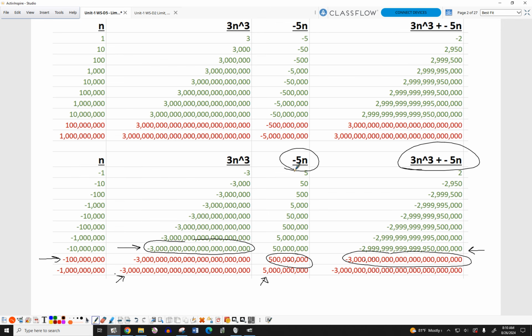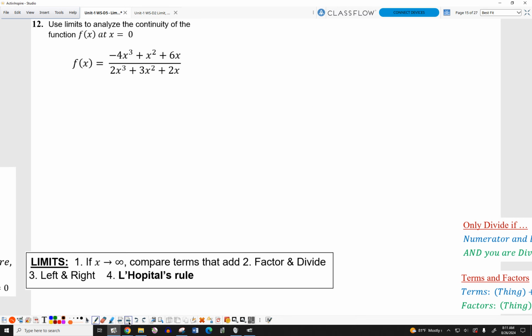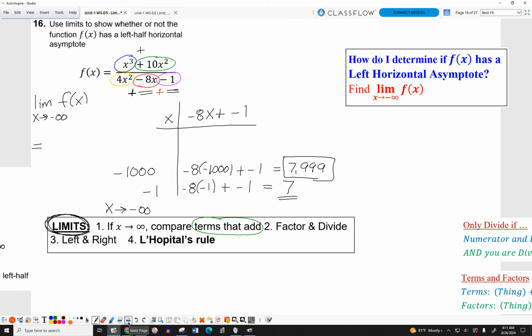Okay, so that's what we mean by comparing terms that add. So when we compare these terms in the denominator, we have 3 terms that are adding. And our conclusion is only the yellow term ultimately is going to make any difference. As you let x become more and more negative forever, the red and purple terms become increasingly less and less important.